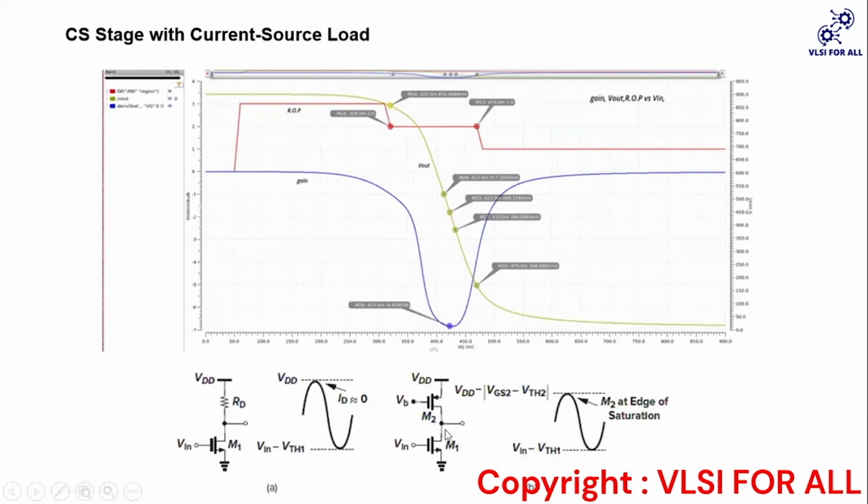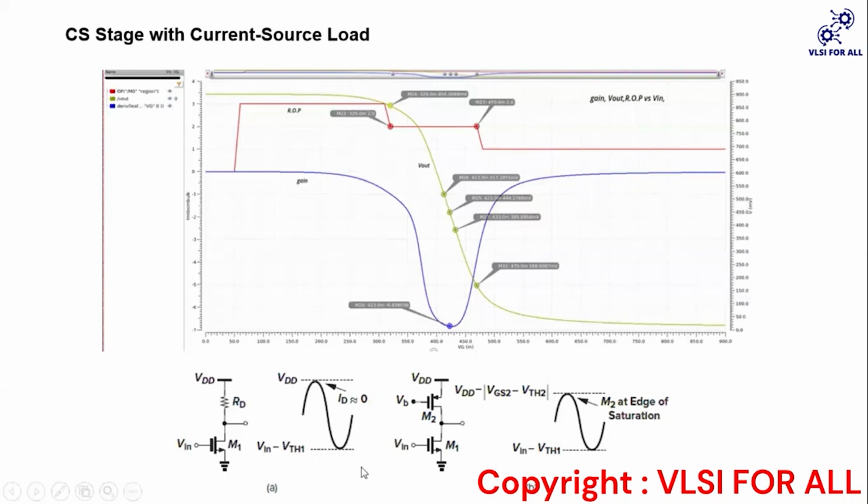Now, here is the difference between the amplifier with resistive load and with the current source load. Here we can see the variation of the output when the transistor is in saturation. The output will vary between VDD and Vin minus VTH1.